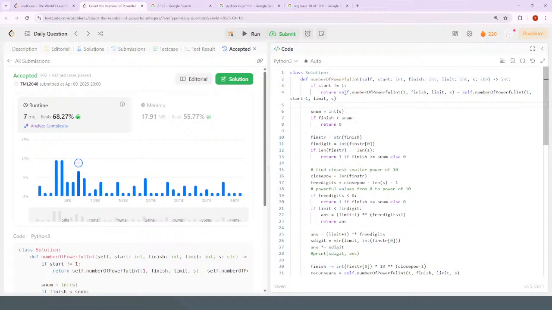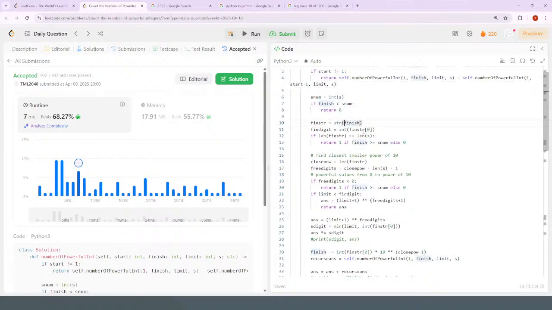So what do we do here? So if your number, okay, yeah, this is changing it from worrying about the start to not worrying about the start. And then this is changing it so you have your finish string and your first digit.